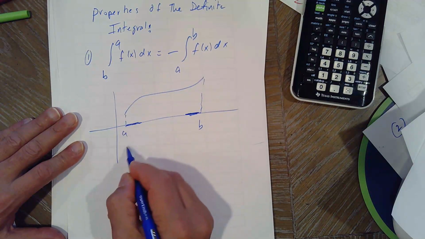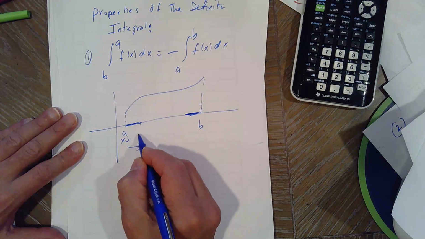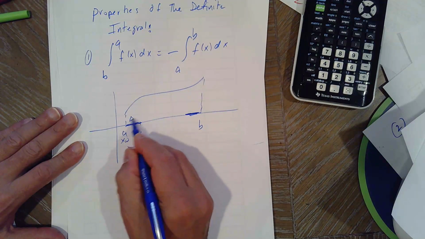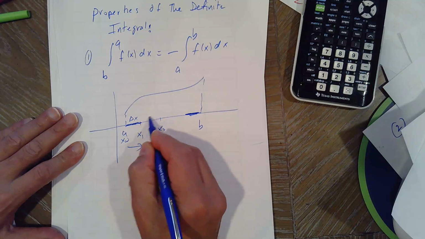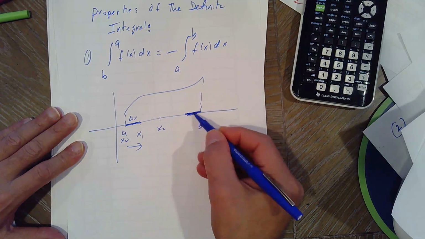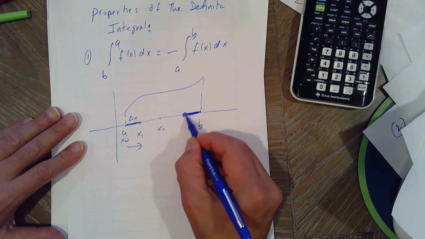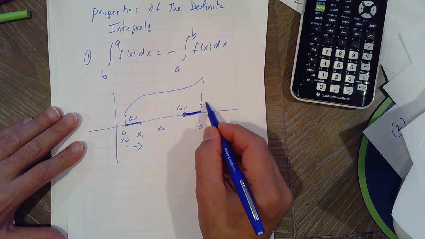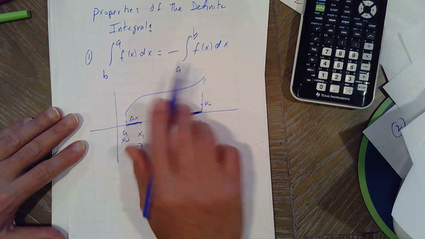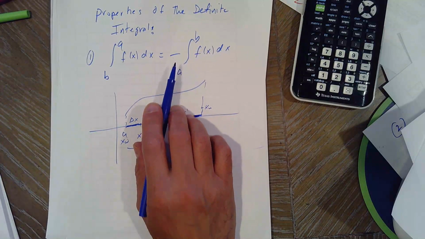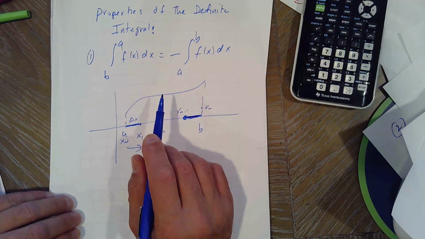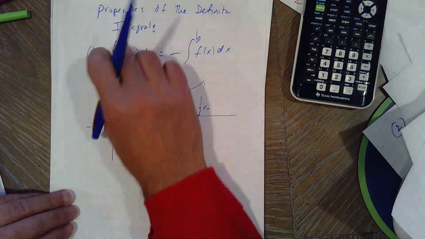If we go this way, delta x is x1 minus x0, delta x is x2 minus x1. If you go the other way, delta x would be x(n-1) minus xn. So it's the opposite of all these delta x's, and you end up with a negative. So once you flip the upper and lower limit, you get a negative for the definite integral.